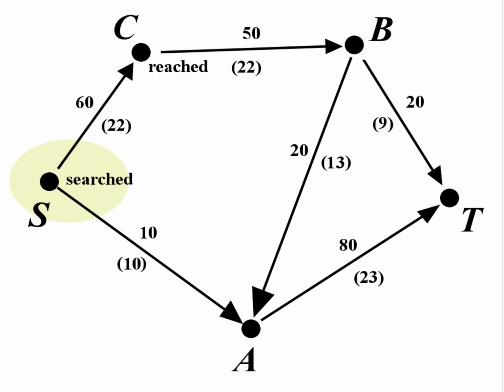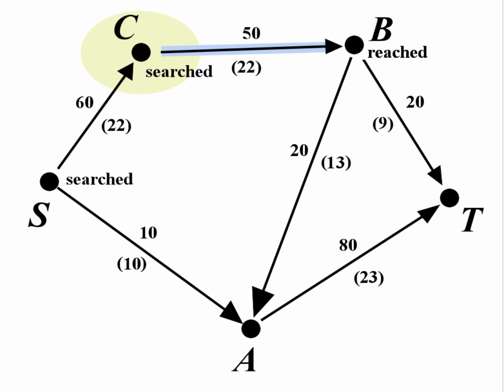I'm done with S. Now we find another reached vertex, that's C, and we look at all edges that lead into unexplored territory and that have positive residual capacity. We have only one such edge, the other endpoint becomes reached, and C becomes searched.